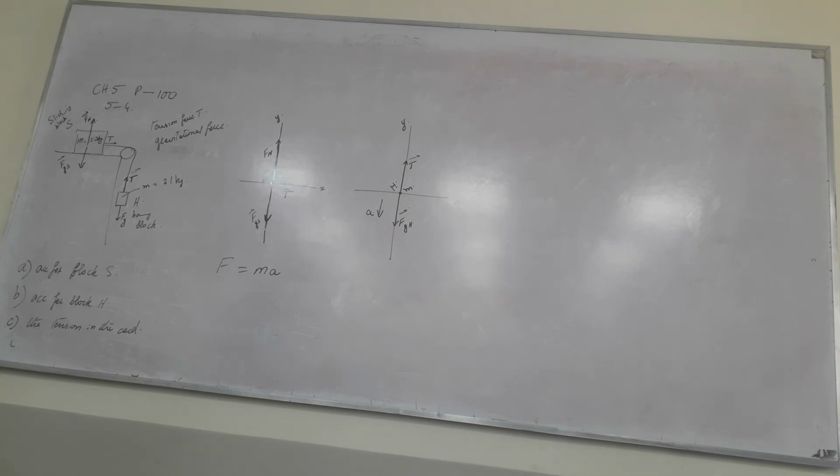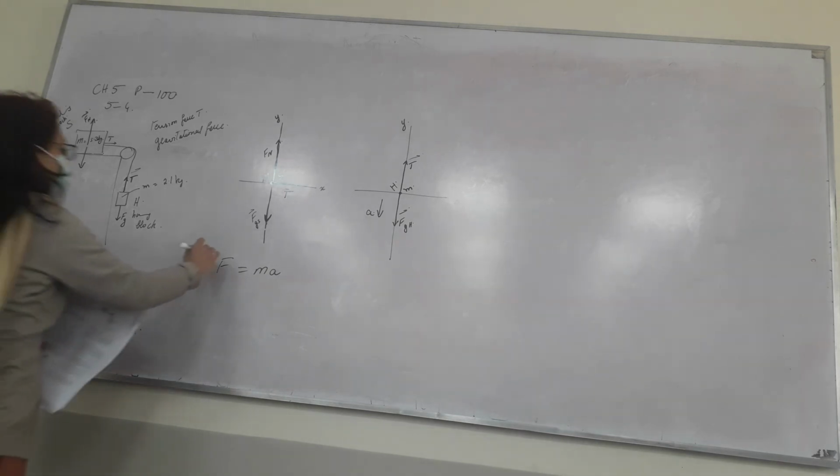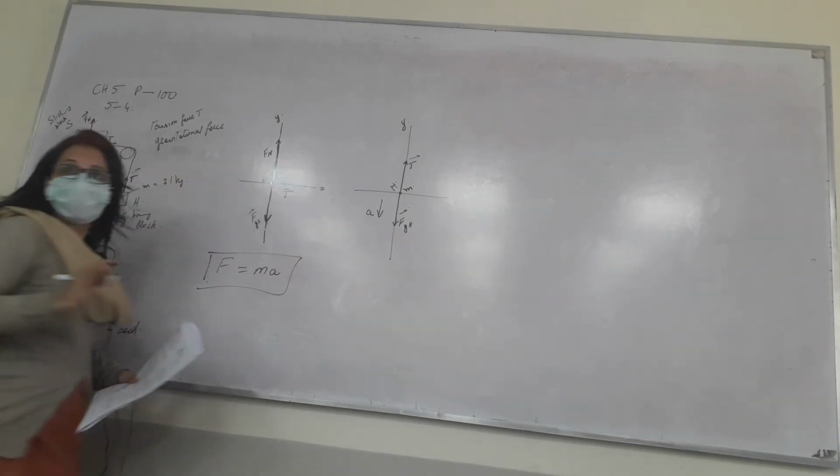Now we understand the problem, we have made the diagram, we have written the values that are given, and we have also identified the tasks that we have to do. Now, let us go back again. We have also identified the equation that we will be using, which is Newton's second law.